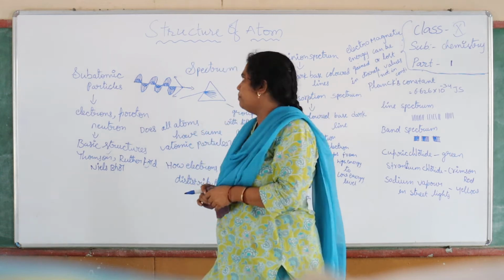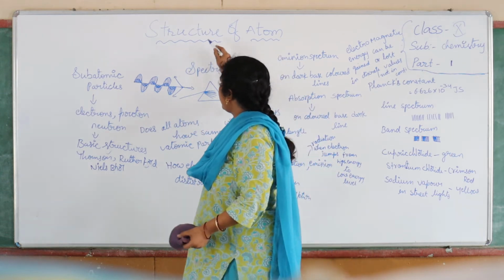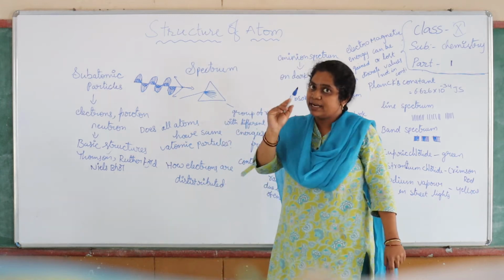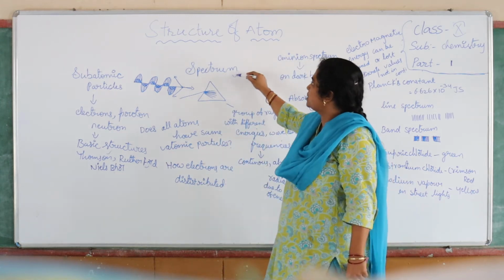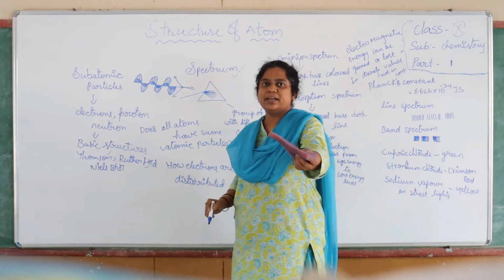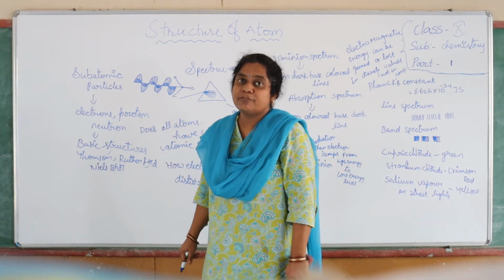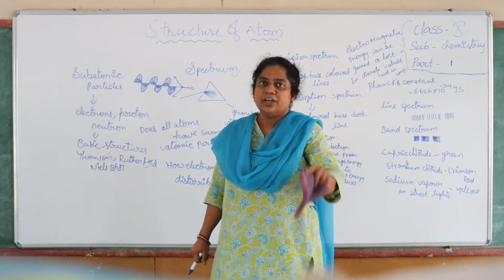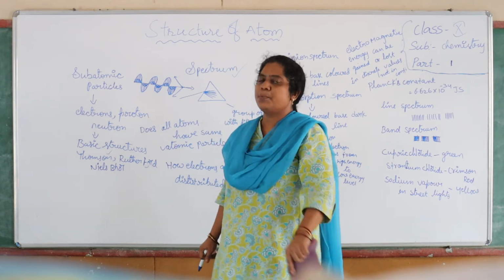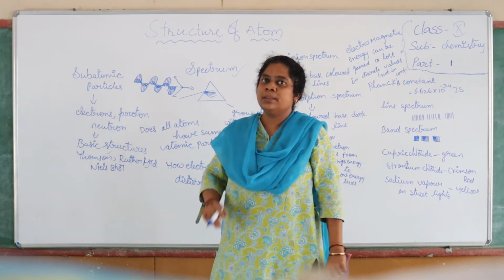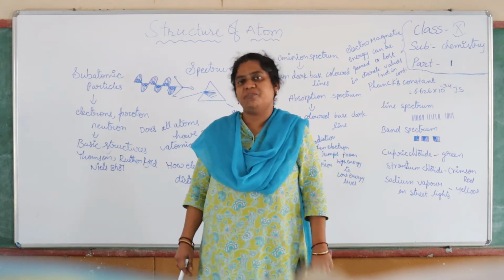Okay. So before knowing the structure of atom, you should understand a concept called spectrum, which we already discussed in the lesson Human Eye and Colorful World. If you remember, we discussed the spectrum in the case of dispersion of light.